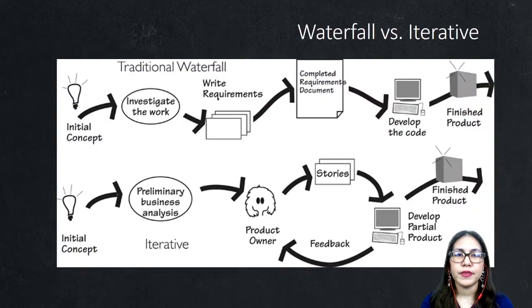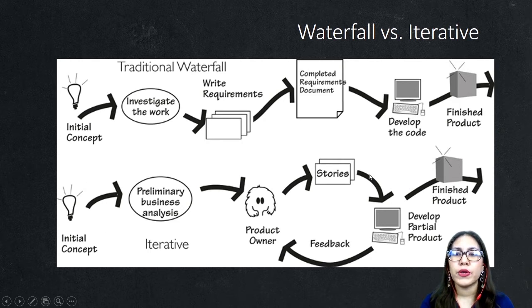Okay, and then after that, we have the iterative concept and iterative lifecycle. At the beginning, they come up with some ideas and concepts, and then do the business analysis. And then the product owner writes the user stories of the product and plans for the product, and then lets the developer develop according to what they are given.